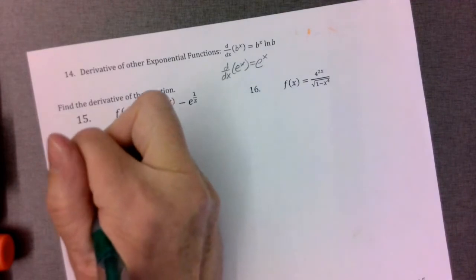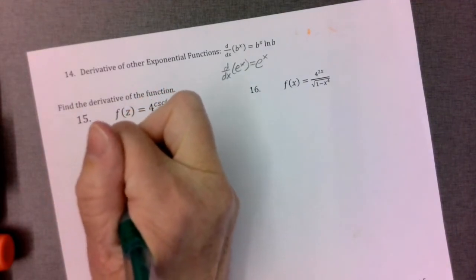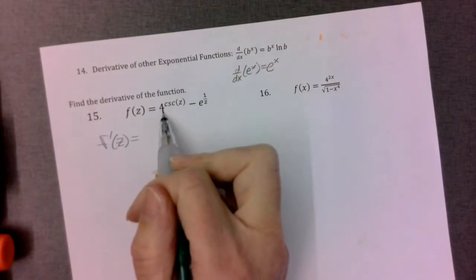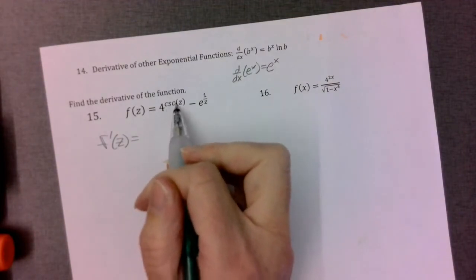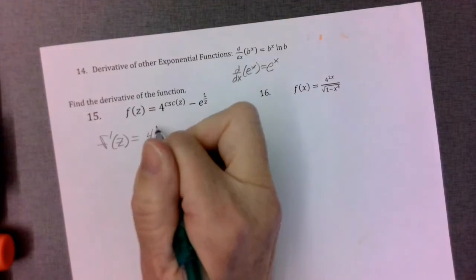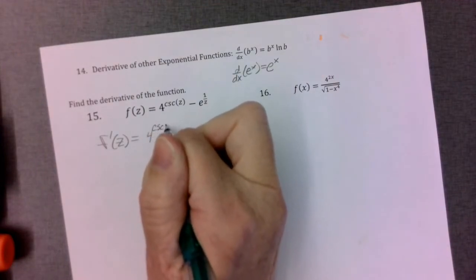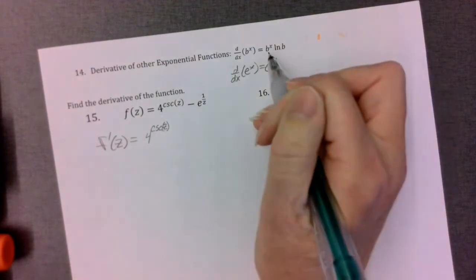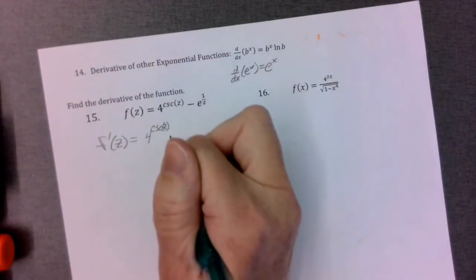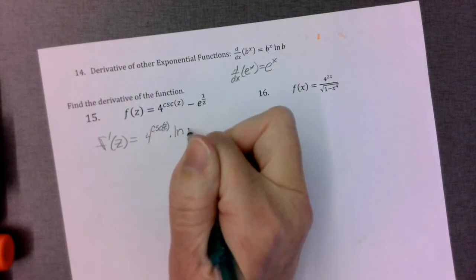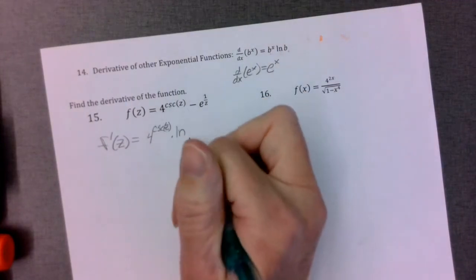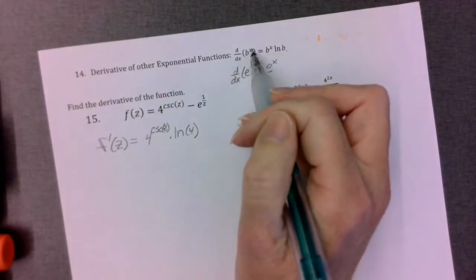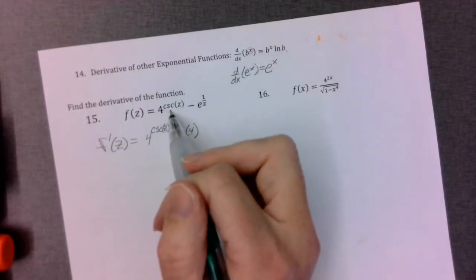How does that work? F prime at z. I have a base number of 4, so we repeat itself, so I'm going to say 4 to the cosecant of z, and after it repeats itself, we'd say times the natural log of the base, which is 4, but because it is not just x, there's chain rule.